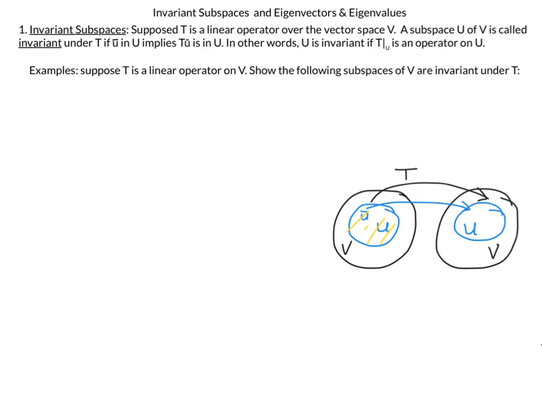Suppose T is a linear operator on V. Show that the following subspaces of V are invariant under T. Our first subspace is the space consisting of only the zero vector. What we need to consider now is what happens to the vectors in U when we apply the map T to them. There's only one vector, so we're going to apply T to our one vector, 0.